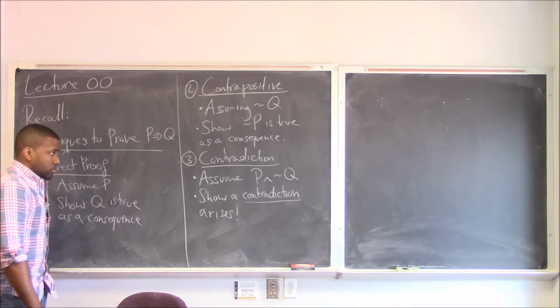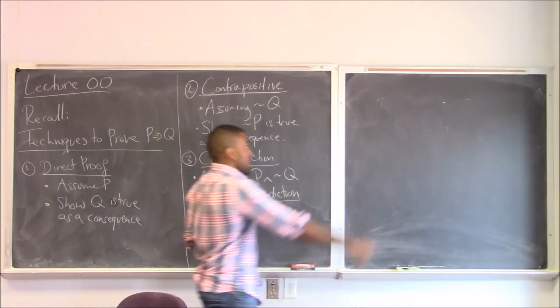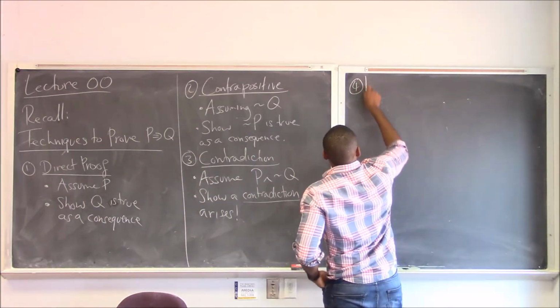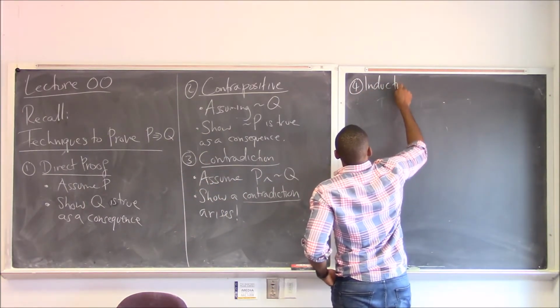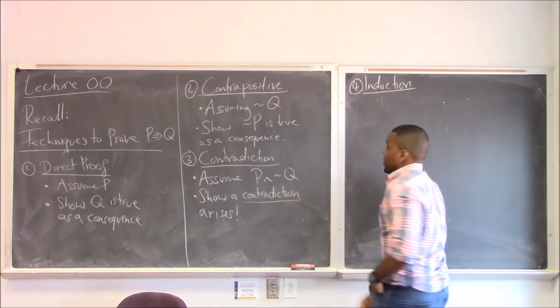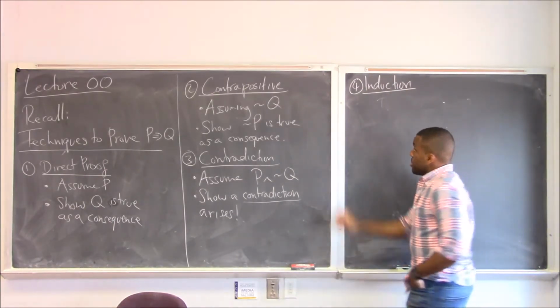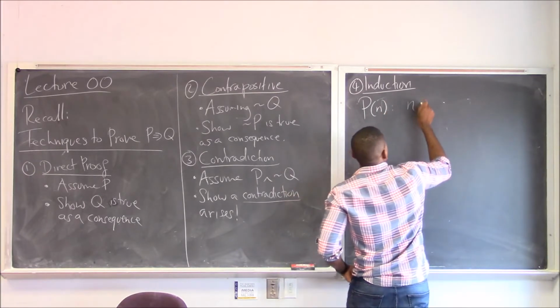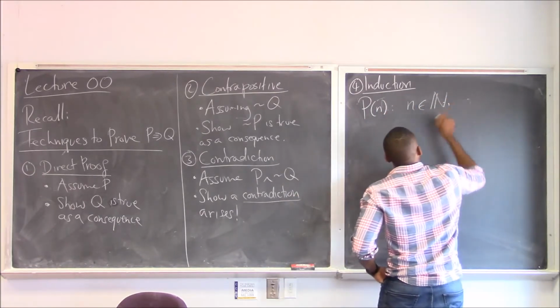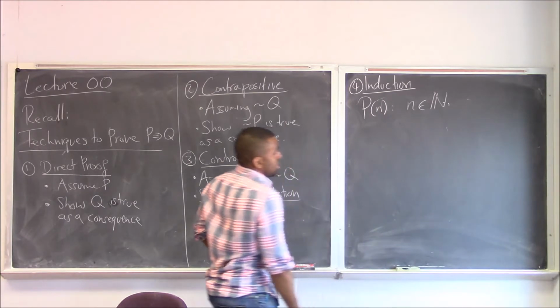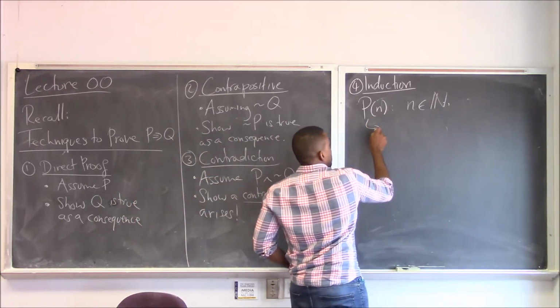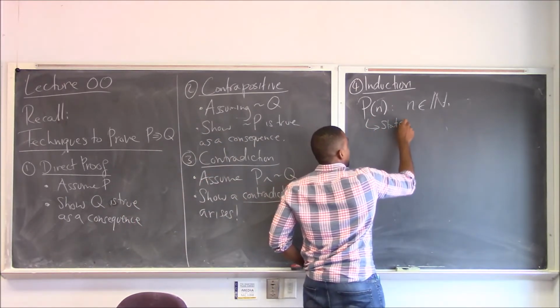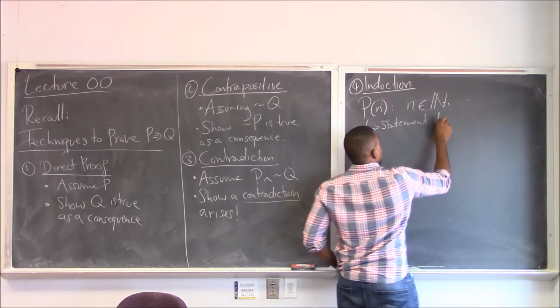Okay? We also looked at induction. This is when we have a statement that depends on n, where n was a positive integer. So this is a statement depending on n.